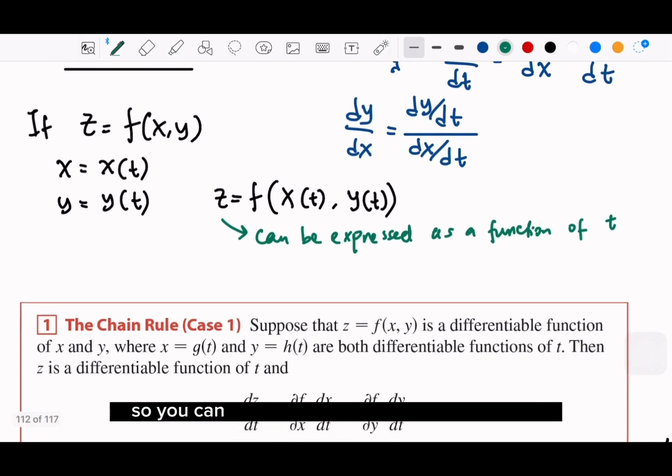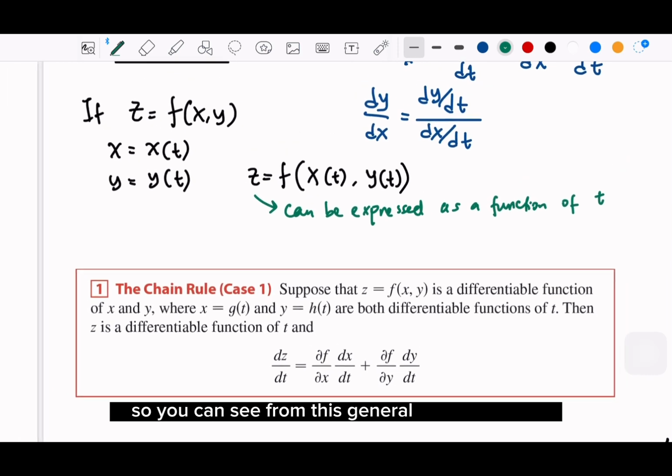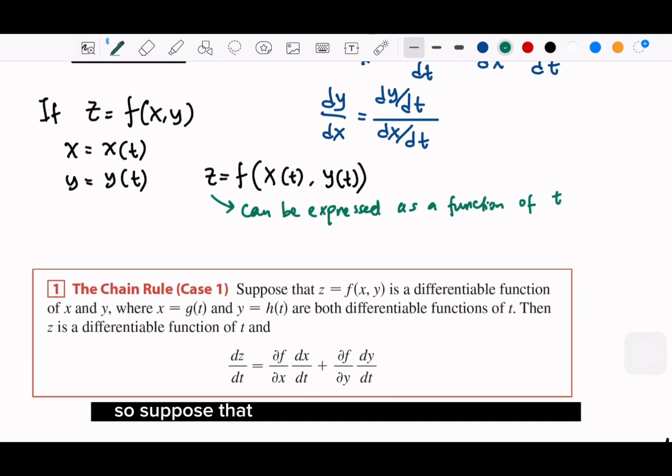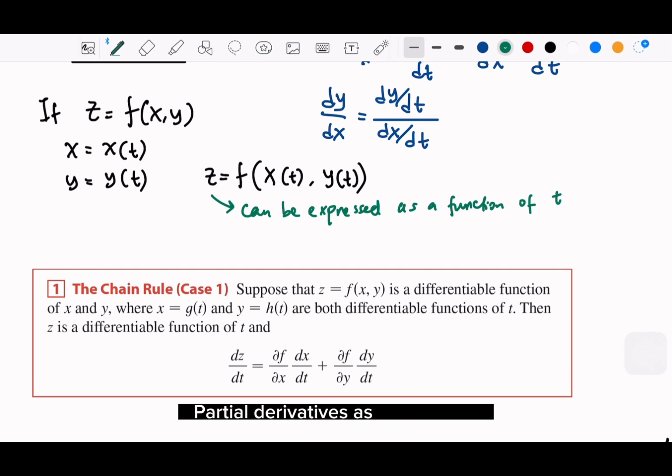So you can see from this chain rule case 1 here. Suppose that z is a function of two variables x and y, and then we define x as g of t, y as h of t. Then we can define this derivative with the chain rule.